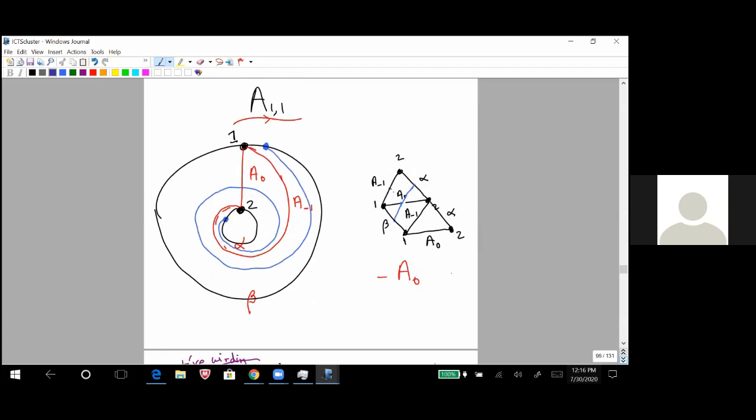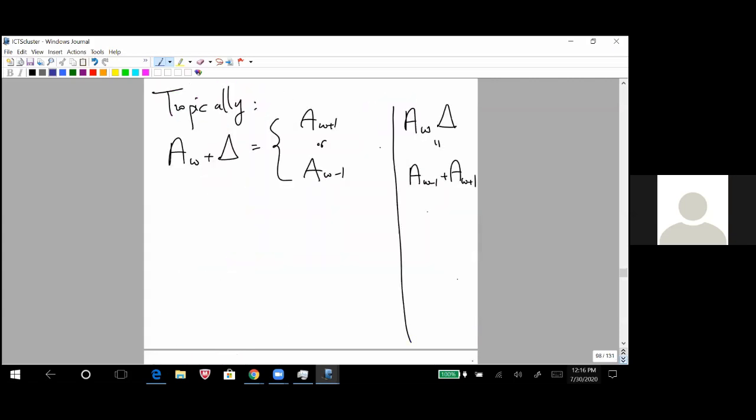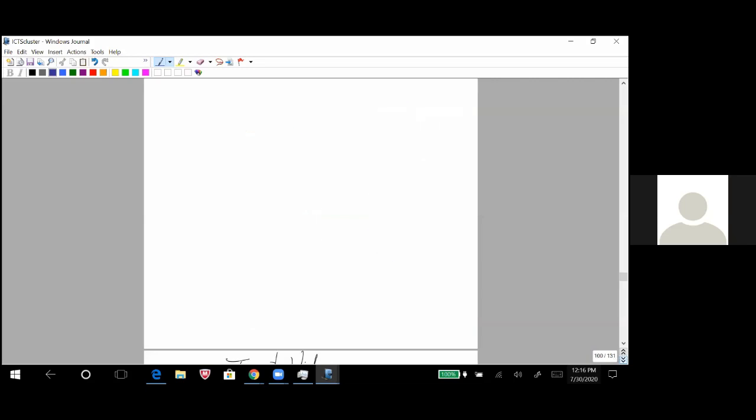Okay, so now I want to move on to talking about Clusterhedra, unless there are any questions. Okay.